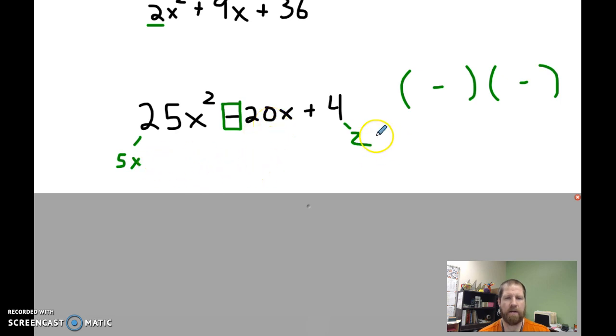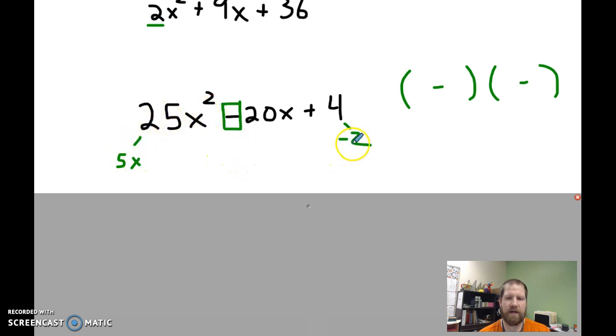Because that would just mean that a factor of 4 is actually the negative 2, and that's fine. We don't even have to worry about that when we are factoring this until the end, when we get to the point where we're saying what the binomials would be. So back to it.